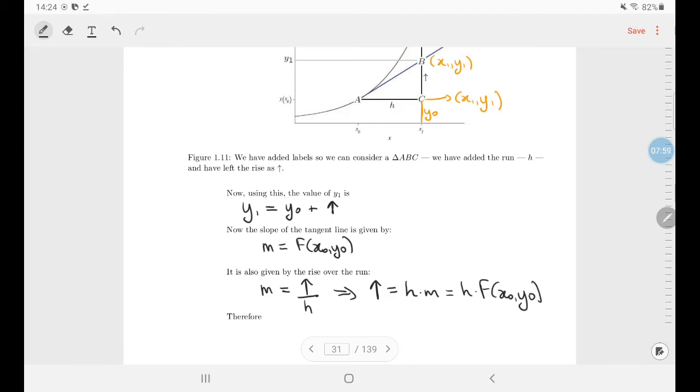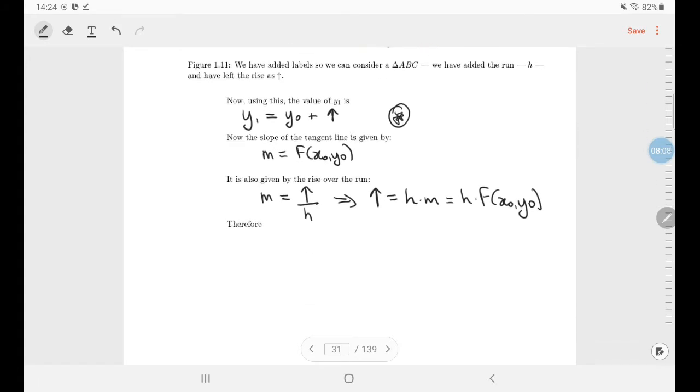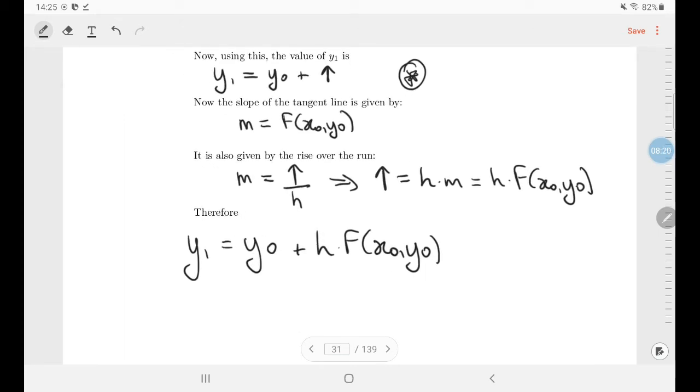This is kind of nasty, to be honest. So therefore, using this, the y value, y1, is equal to y0 plus the up arrow, which is step size times previous slope. So this is just testing really to understand Euler's method, where again the next y value is the previous y value plus the step size times the previous slope.